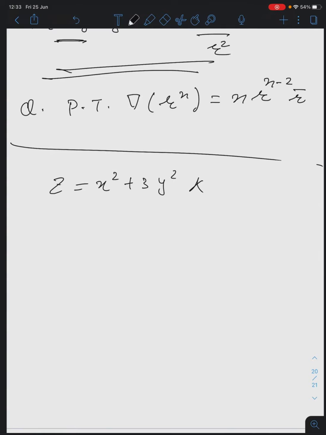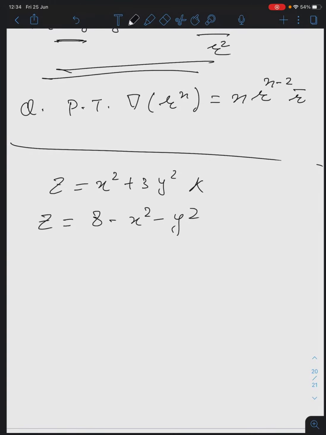Let me explain that. And what about others? No one solved this one. You have to find the volume bounded by these elliptic paraboloids: z is equal to x square plus 3y square, and z is equal to 8 minus x square minus y square.